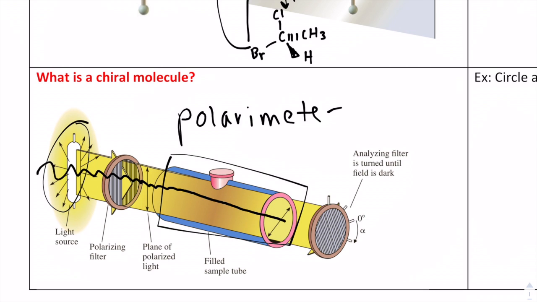Based on the degree of rotation, over here it's set at 0, and let's say it comes out over here at this angle, alpha, excuse me, this angle alpha is going to tell us how much light was rotated from being exposed to that chiral molecule. Okay, so we use this device called a polarimeter just to see if a molecule is chiral, meaning that it does rotate light. The angle alpha doesn't really tell us much in terms of the identity of the compound, but it will definitely tell us if a chiral molecule is present.